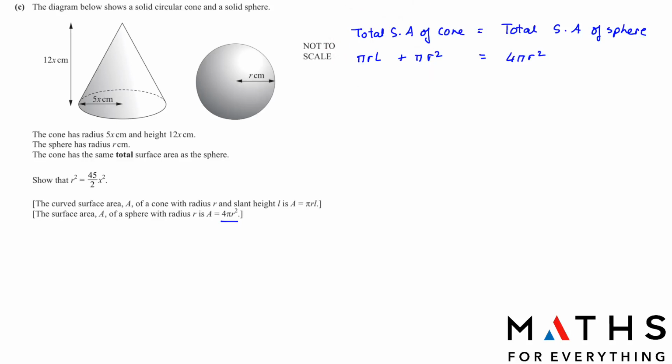L is your slant height. This is given. This is your slant height. You don't have it. You have the height, which is 12x. Whenever you draw a straight line, the height in a cone, it will form a right angle triangle.